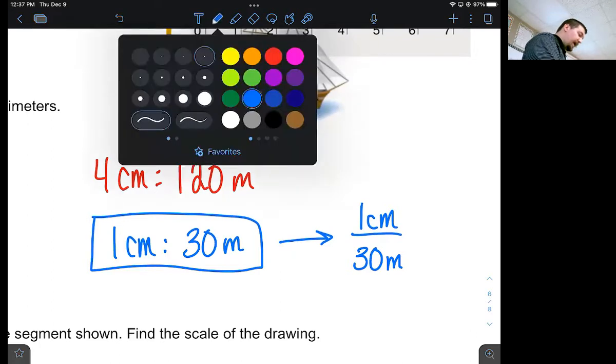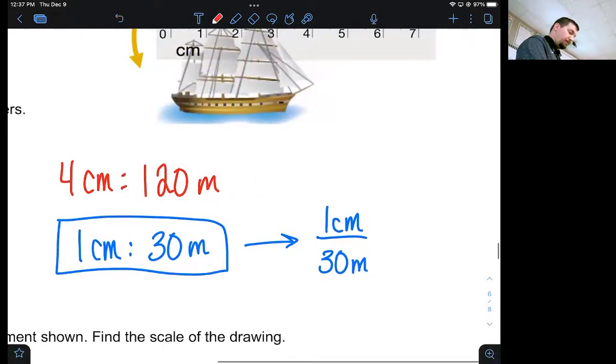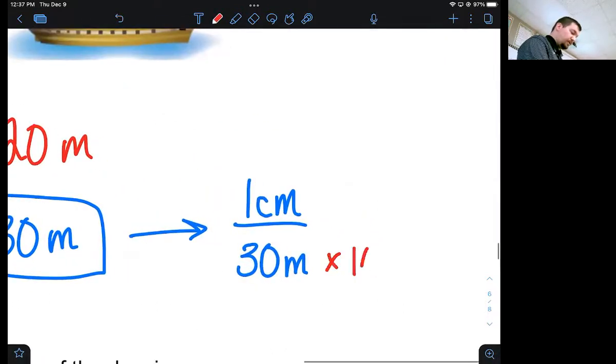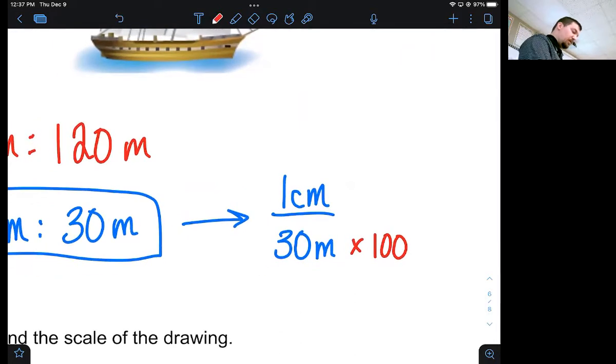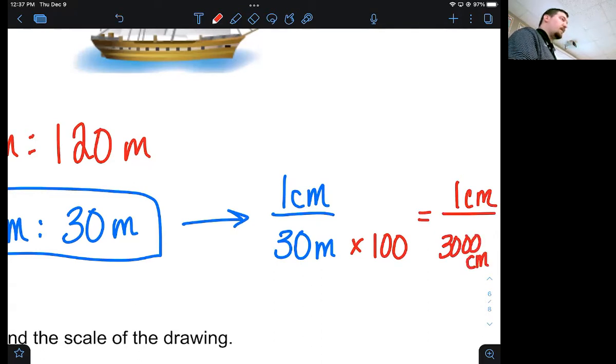So knowing that, I would times the bottom number by 100, so I could get that bottom number to be in centimeters. Someone please tell me what 30 times 100 is. Frank? 3,000. Again, this is finding a scale factor. It's not part of the problem, but something you'll have to do on your quiz tomorrow.